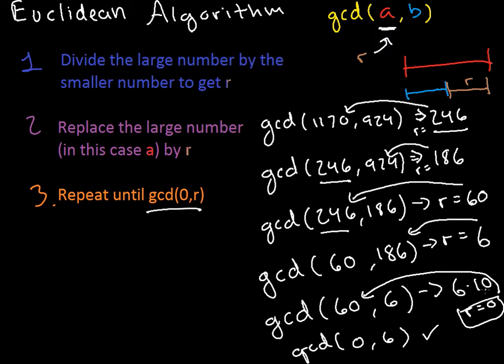So what now? Well, the greatest common divisor between 0 and 6 is 6.